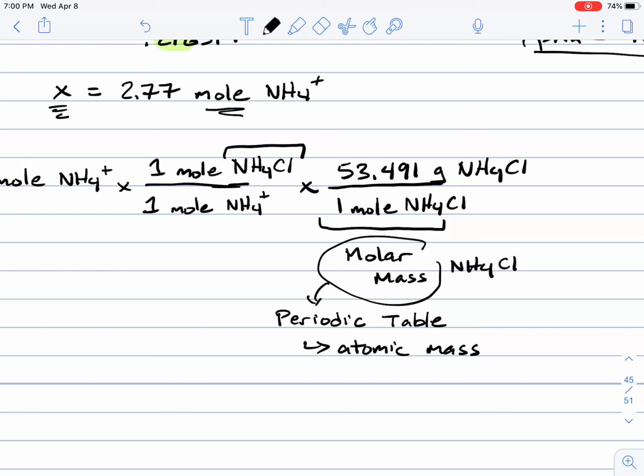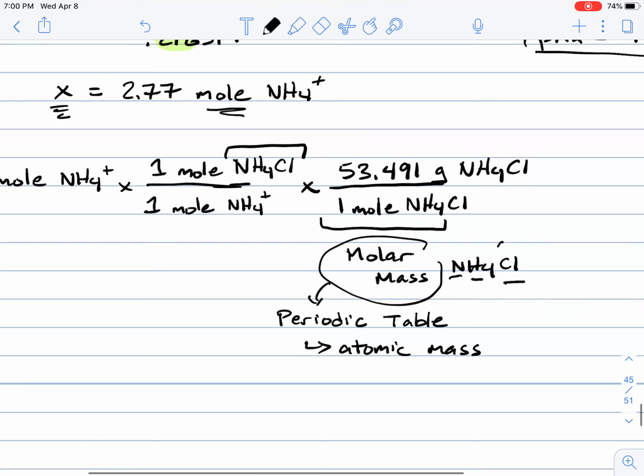So you're going to look at the periodic table, determine the atomic mass for every single one of these elements, multiply them by the quantity, so 1, 4, and 1, and then you guys are going to add all of them up, right? So you have 1 nitrogen plus 4 times the atomic mass of hydrogen plus 1 times the atomic mass of chloride.